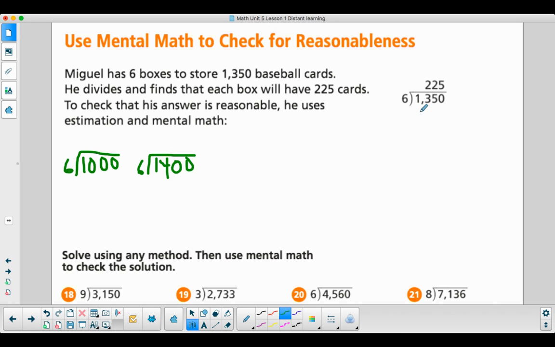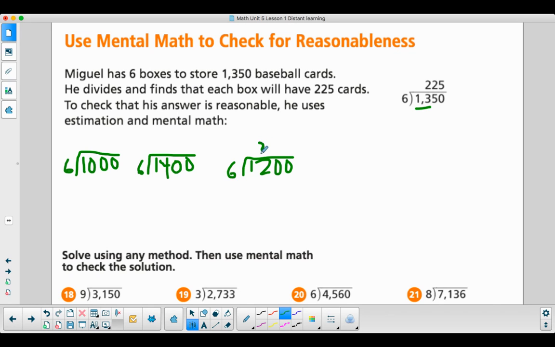I want to use, in my hundreds, my multiples of 6. First, I'm going to take the first multiple of 6 less than 13, which is 12, and think of 1200s divided by 6.